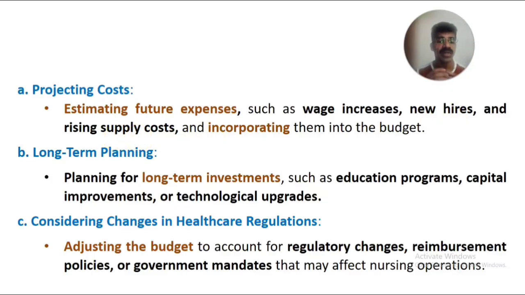As you know, every year the cost of supplies and equipment increases, so that has to be understood, and all this information has to be incorporated into the budget proposal or budget estimation.